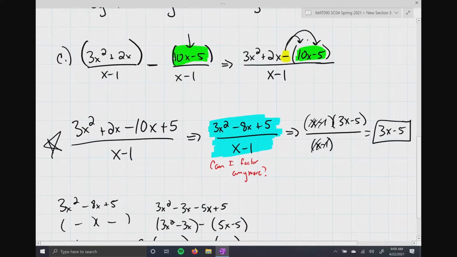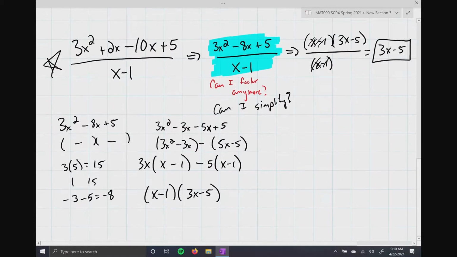Another way to ask this question is, can I simplify? All right, remember, fractions need to be put in lowest terms. So I always need to check, no matter what my result is in the numerator, I need to try to factor that to see if anything reduces. And in this case, it actually did. All right? So are there any questions with this problem? Because that was the last one that we did.